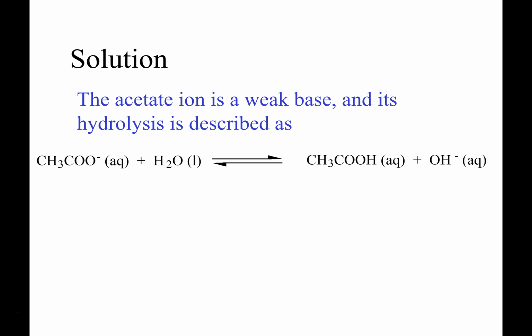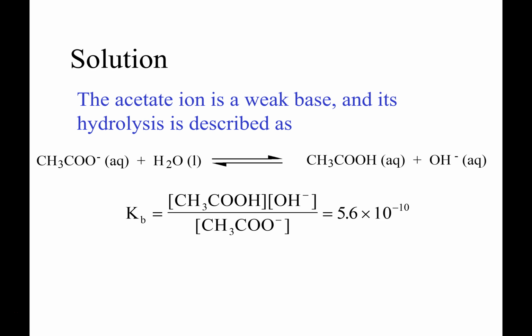The next thing is be able to write the Kb expression. So, of course, our Kb expression, it's products over reactants raised to stoichiometric coefficients. So this is your equilibrium constant expression. Kb is equal to molar concentration. This right here, I'll go ahead and write underneath it, because this is kind of a common sort of species to deal with in problems.